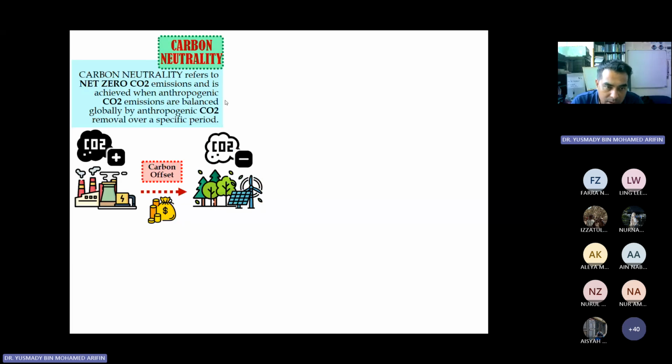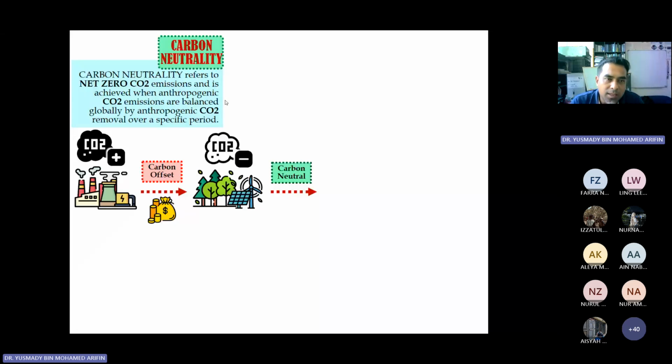So you kena nak capture balik, mungkin you tanam pokok banyak lagi, you guna renewable energy and so on, so that the CO2 will be neutral. Neutral means you release 1000 kilogram, you absorb or you capture 1000 kilogram of CO2.